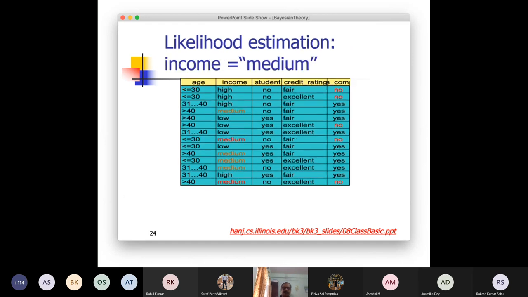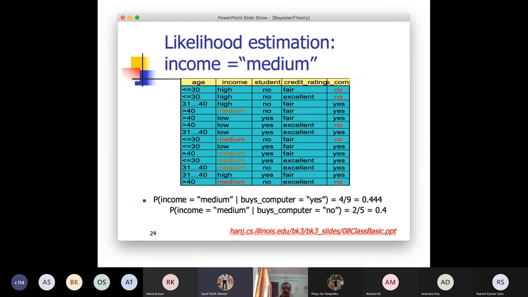You go for income medium also, same. You find out, and then you also consider the total number of occurrences of yes also, because what other values have occurred there.